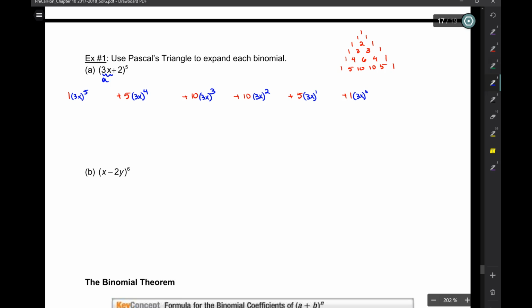And then this is my b. So 2 to the 0, 1, 2, 3, 4, 5. And if you just want to check very quickly, if you pick any of the terms, the exponents always add up to what? Right, 5. I heard you.